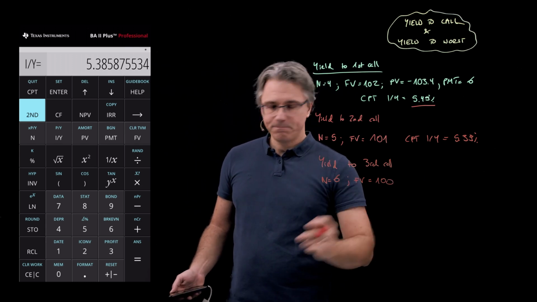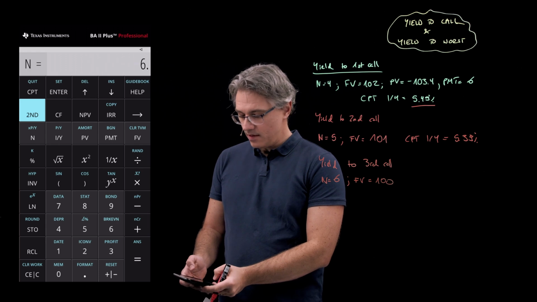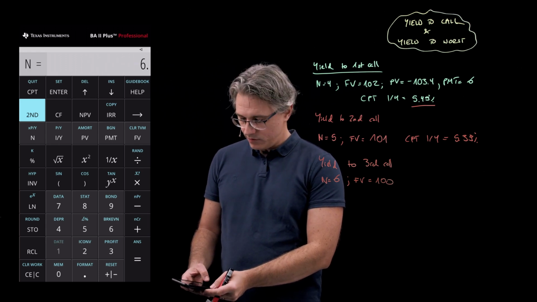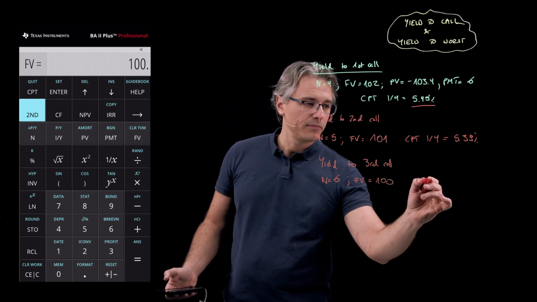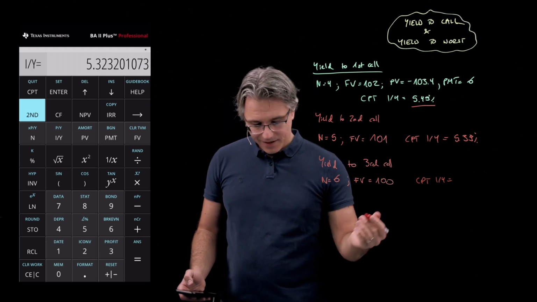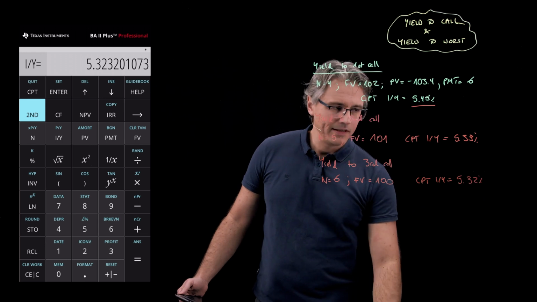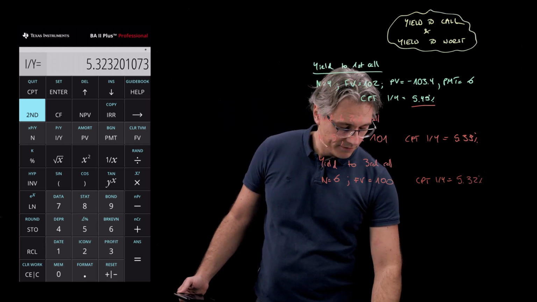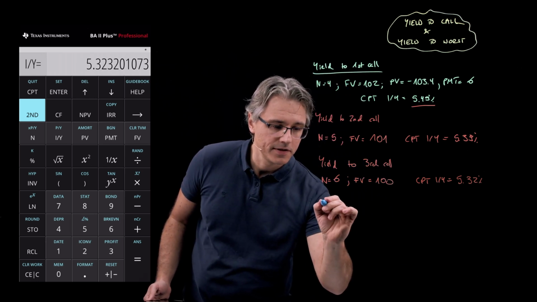So just overwrite these inputs, 6 for N and 100 for FV, and see what we get when we recompute I over Y. It gives 5.32%.